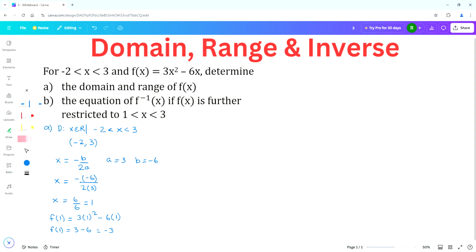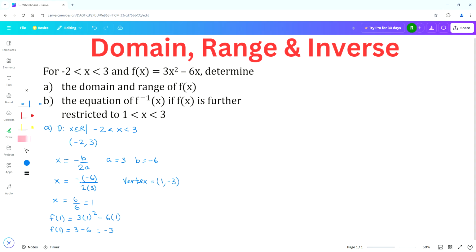The y-coordinate is -3. We can write the vertex as (1, -3). This parabola opens in the upward direction because the a value is positive. That means the vertex represents the lowest point on the parabola. So for the range, -3 represents the lower limit.